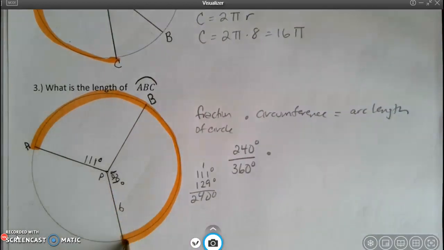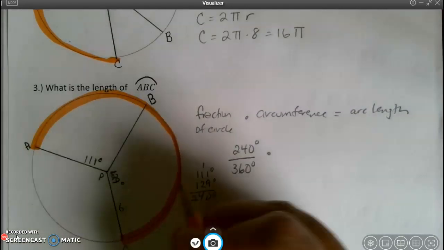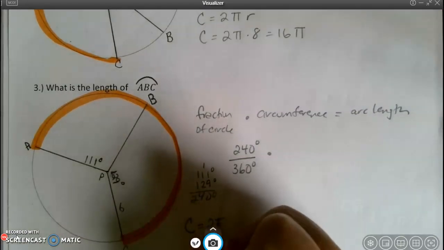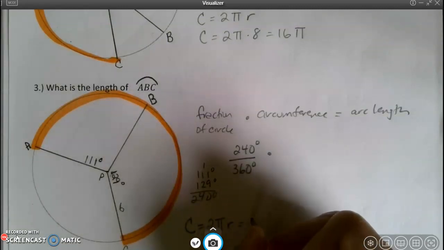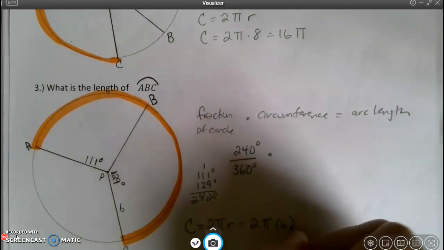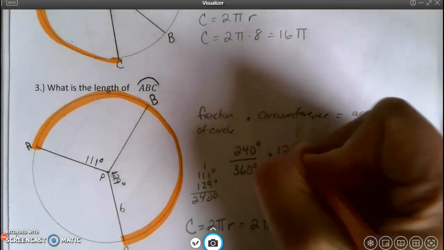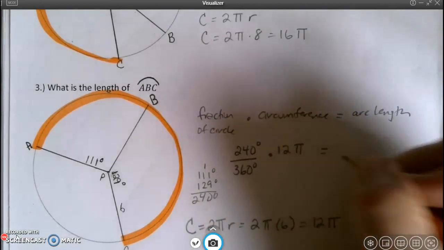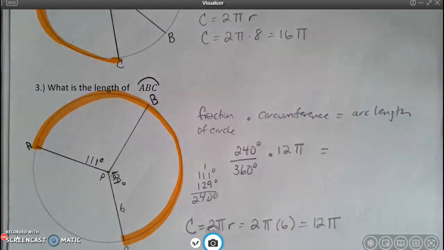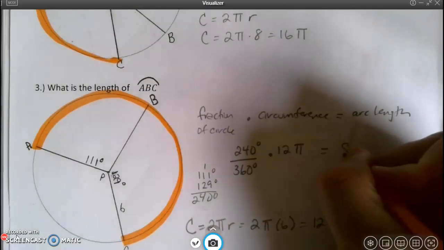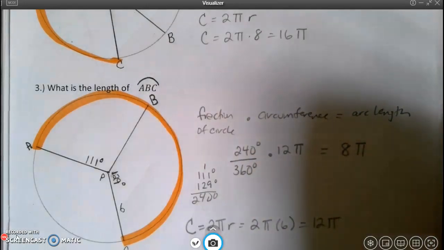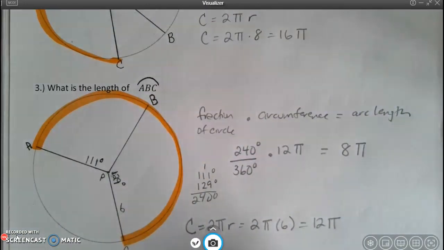Again, I know my radius, which is 6, so circumference equals 2 pi r, so it equals 2 pi times 6, which is 12 pi. Let's see what I'm going to get for that. I have 240 times 12 divided by 360, and that's 8 pi, which I want to show you why that makes sense.